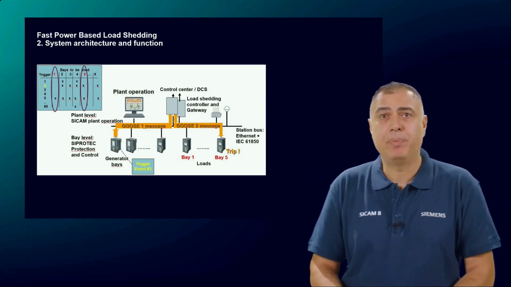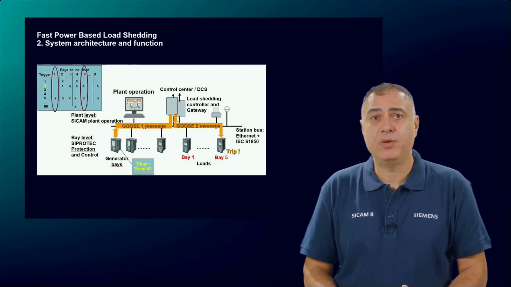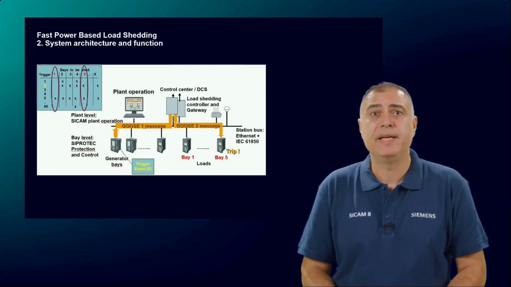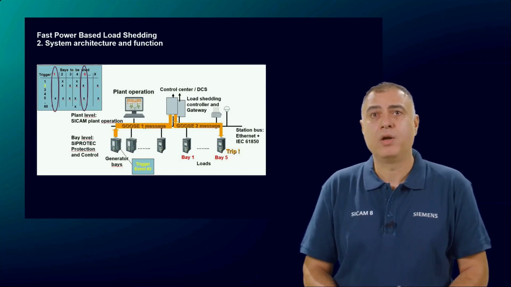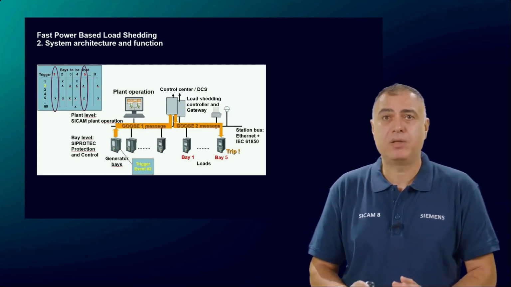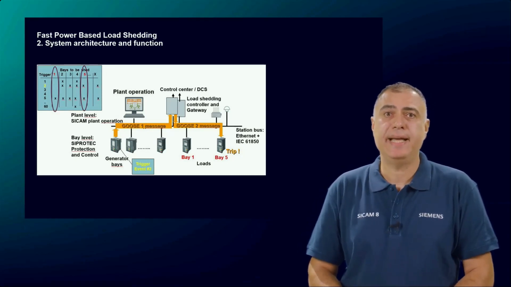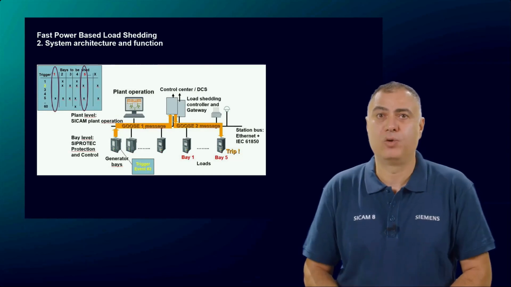In case of a trip of a contingency, a high priority IEC 61850 GOOSE message is sent to the load shedding controller. The controller compares the received GOOSE message with the stored trip matrix. And based on this comparison, in less than 10 milliseconds, all required trip GOOSE telegrams are sent to the corresponding loads.